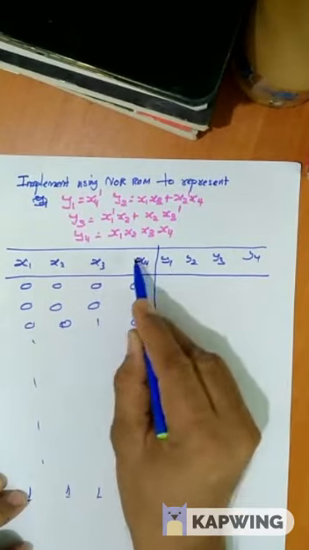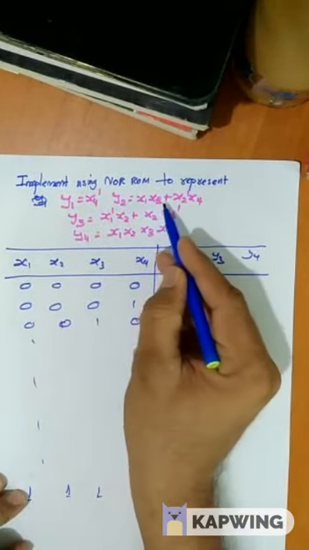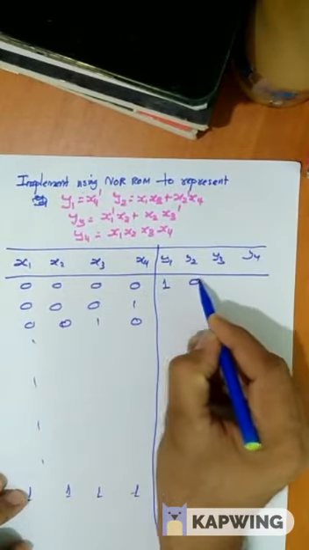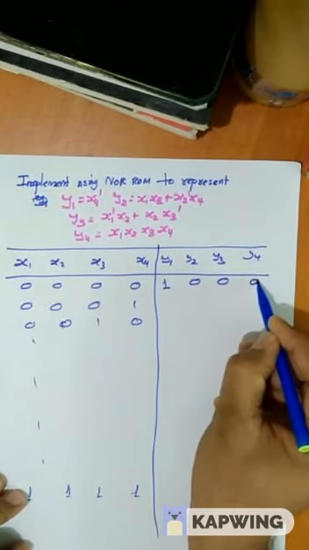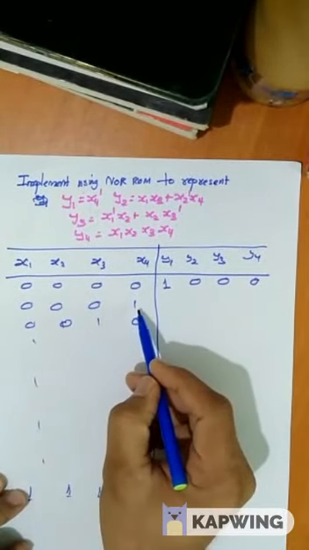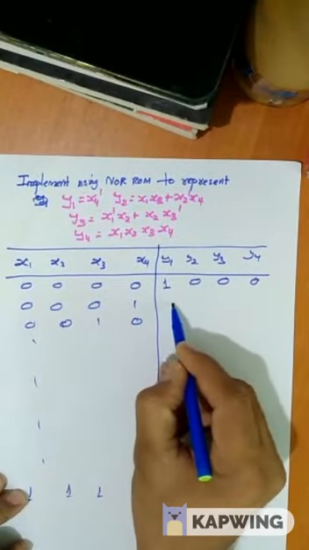So y1 is x4 dash, so this is 1. y2 is x1 x3 plus x2 dash x4, that is 0. y3 is 0, y4 is 0. Similarly, for the input combination 0 0 0 1, the output is 0 1 0 0.